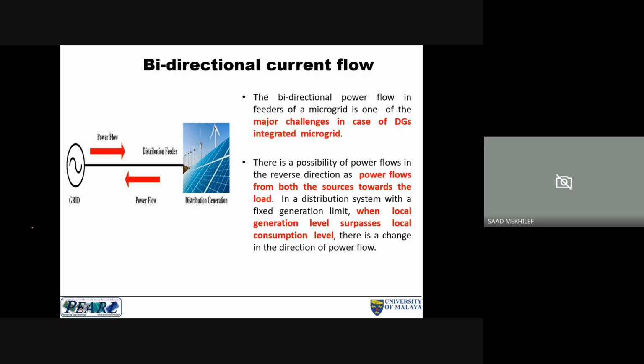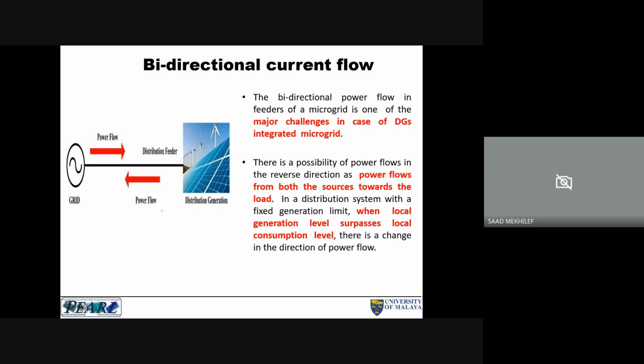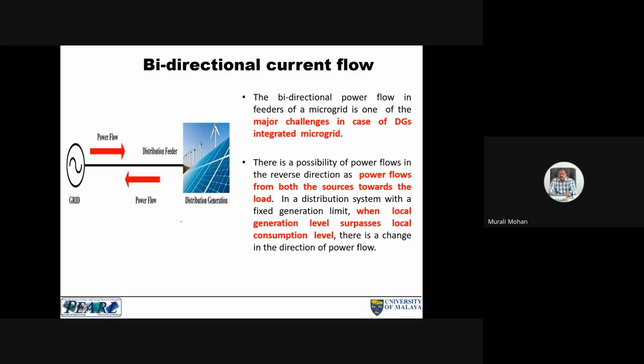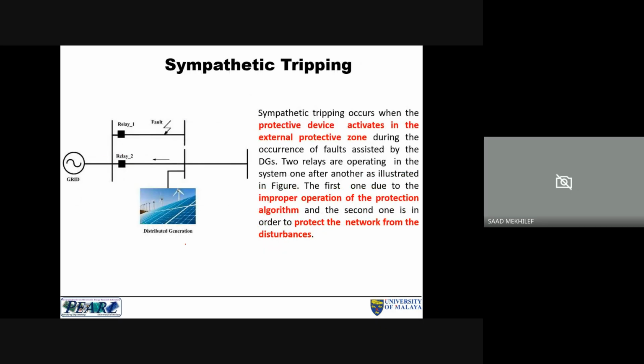But I think this has been addressed recently, especially with smart inverters and smart converters, and sometimes we may use different devices for protection from this kind of issue.